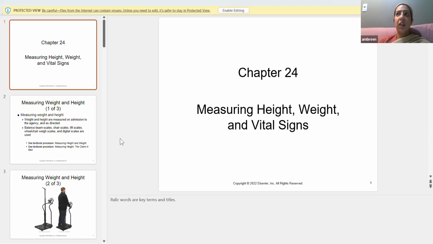At the residential care and home care, you do it only once a month. But when it comes to your acute care, you will do it every day, twice a shift, meaning in a day twice. One in the morning, one in the evening.